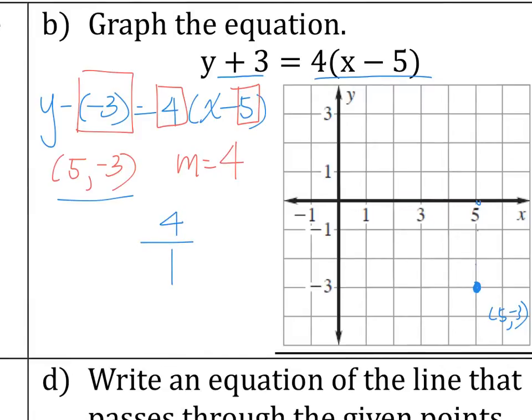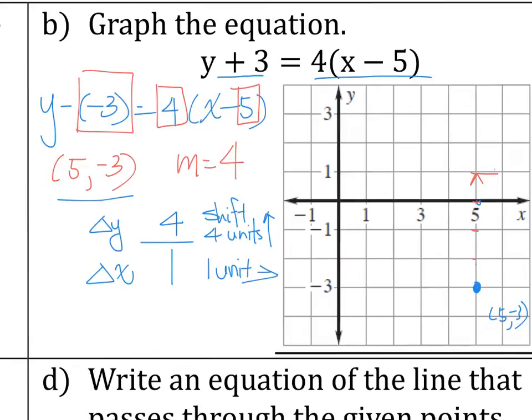So I'm going to need to shift 4 units up because it's changing y, and 1 unit to the right because it's changing x. 1, 2, 3, 4. Stop. And then 1 unit to the right. So my second point will be (6, 1).